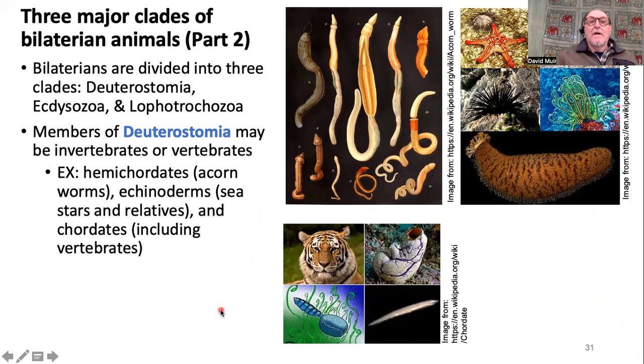So the next group that we need to talk about, of course, are the Deuterostomes, the Deuterostomia, and that is our group. Again, it's a diverse group, not nearly as diverse as the Lophotrochozoa, but it's a group which includes invertebrate forms and then the vertebrates as well.